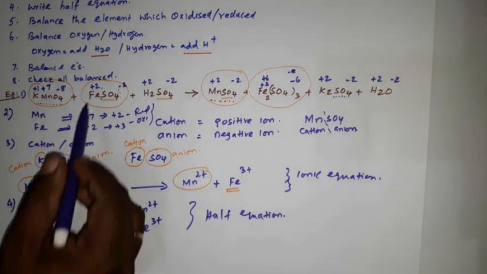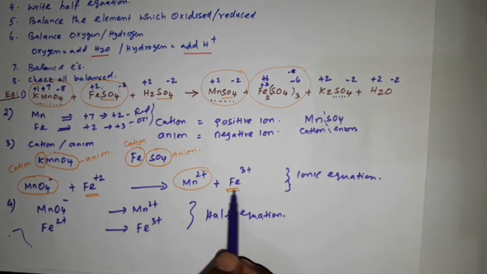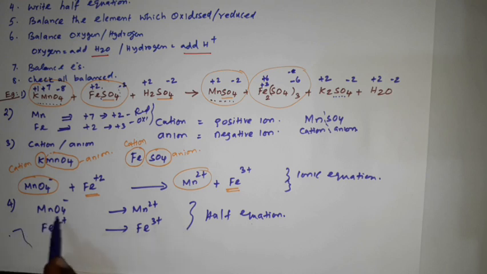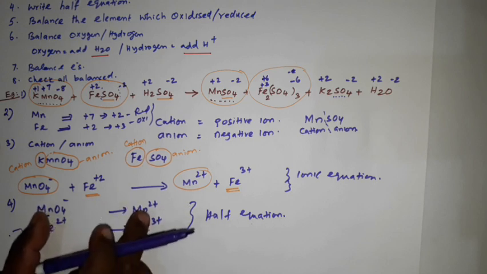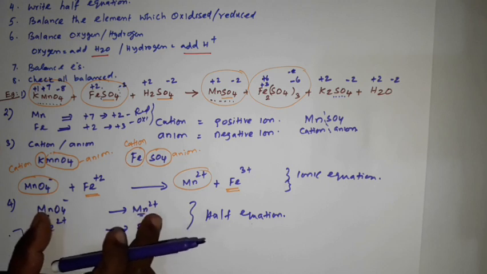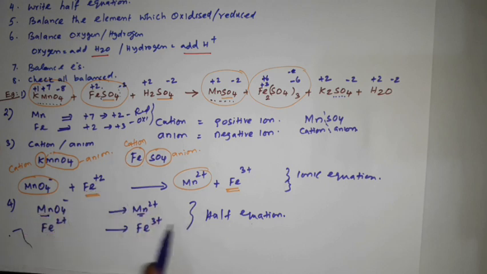In the same way, Fe2 plus gives Mn2 plus plus Fe3 plus. In step 4, write half equations. So Mn on the reactant side, product side also Mn. The same component you write in one equation. In the second half equation, write Fe2 plus, here Fe3 plus. So the same element should come on both sides. Okay.